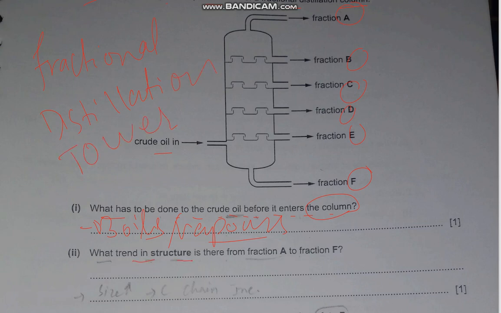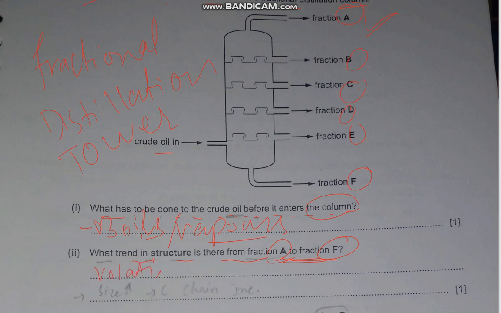So what trend in the structure is there from A to F? We can see here that A is very quickly removed. So from A to F there is decreasing volatility.